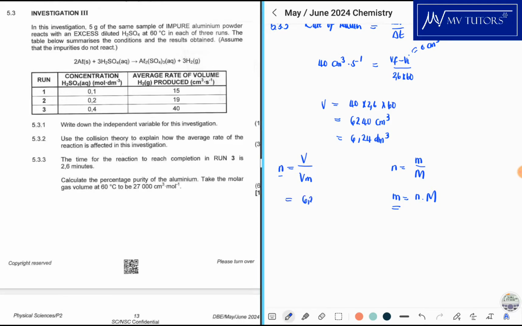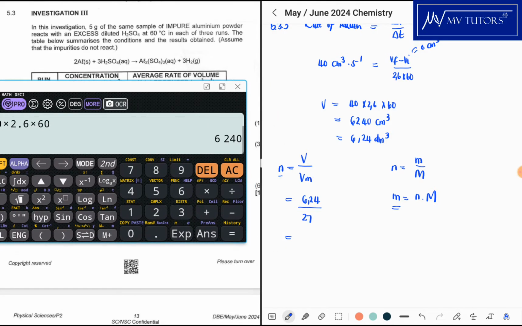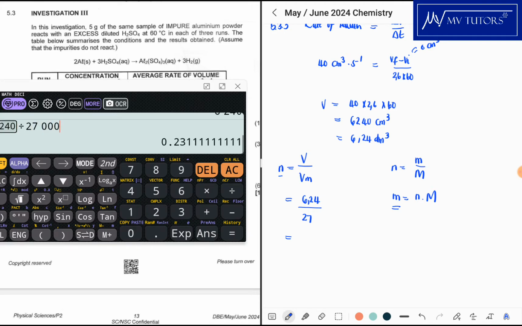We have 6.24 cubic decimeters, and our molar gas volume, that 27,000 cubic centimeters per mole, we're going to divide by 1,000 and we're going to have 27. So 6,240 divided by 27,000 gives us 0.23 mole.